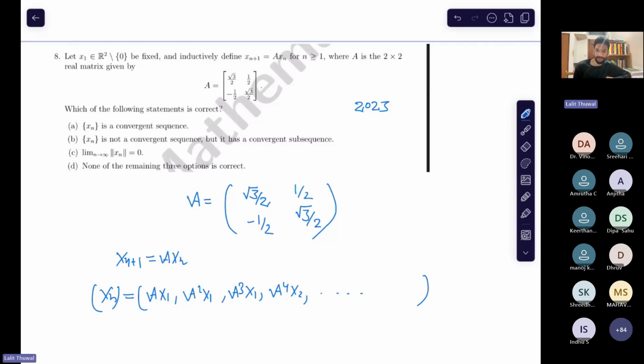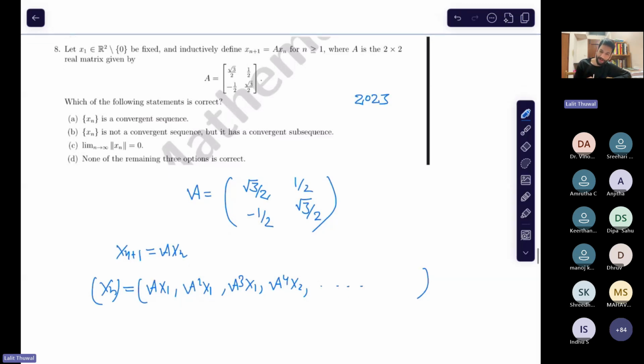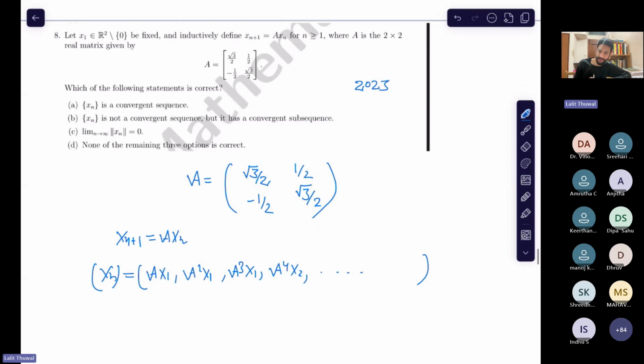Can you see that our sequence xn is this? Try to see what your x2 is, then x3, and you will find that the sequence looks like this.